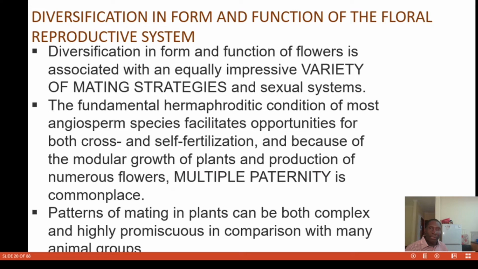Now, hermaphrodites are those which, in a single individual, have both the male and the female structure. And this hermaphroditic condition is characteristic of angiosperm species that facilitate opportunities for both cross and self-fertilization.